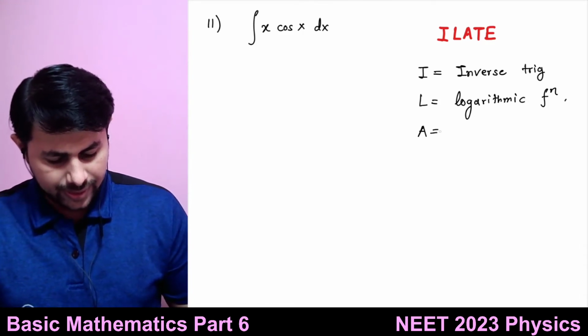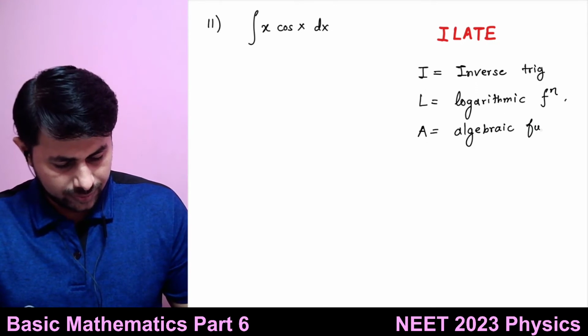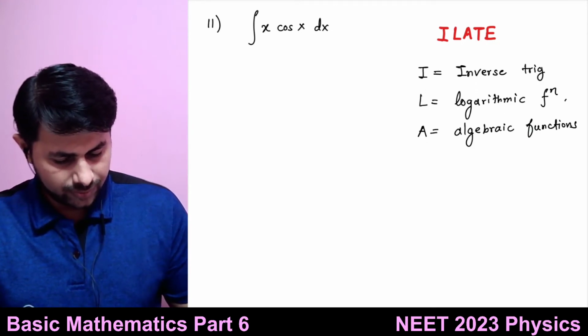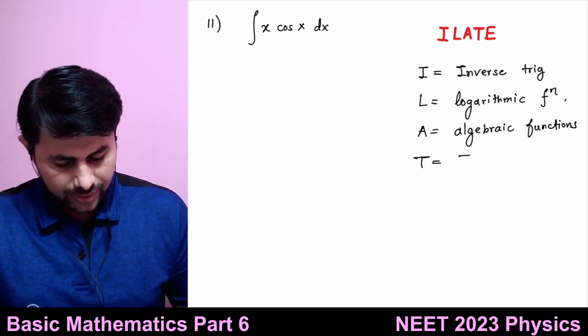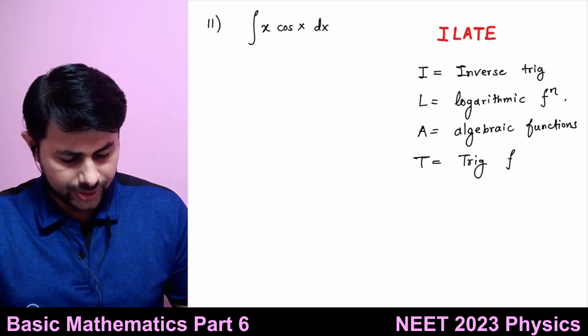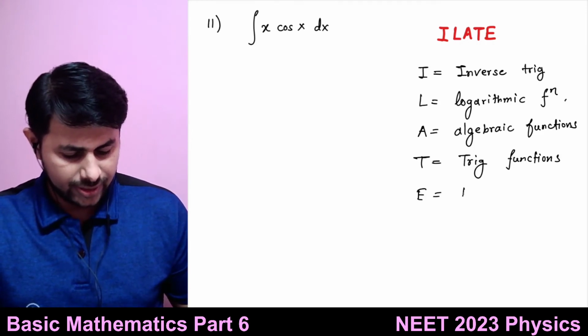A means algebraic function. Then T means trigonometric functions, and E means exponential.